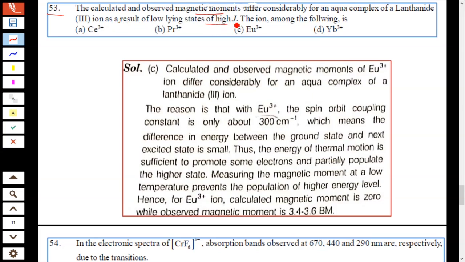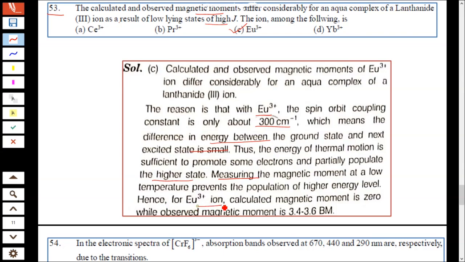Question number 53. The calculated and observed magnetic moments differ considerably for an aqua complex of a lanthanide ion, as a result of a low-lying state of high J. Take europium, whose calculated and observed magnetic moments were different.